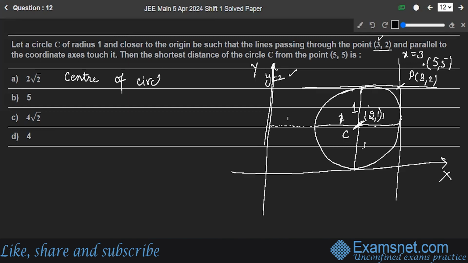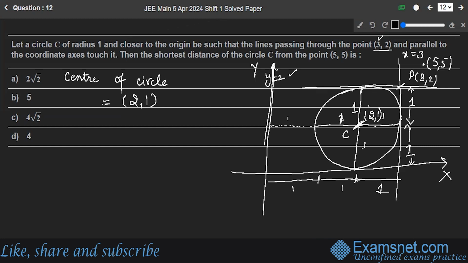You can't solve this sum until you draw the figure, because you will not be able to understand the scenario over here. So the coordinates of the center of the circle will be 2 comma 1, because this distance is 1 and this one is also distance 1. So the center of the circle is equal to (2, 1).